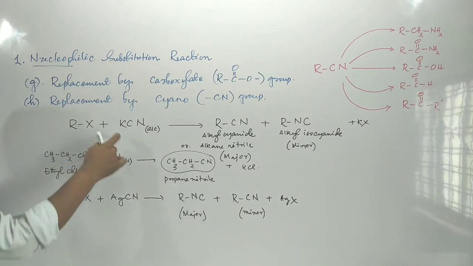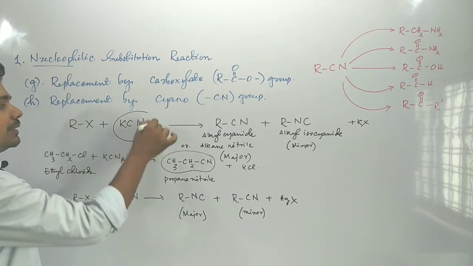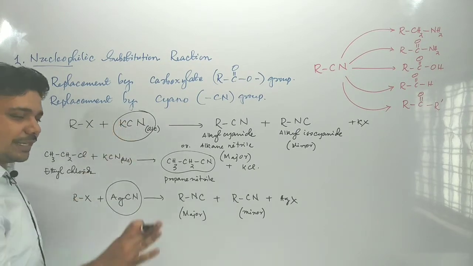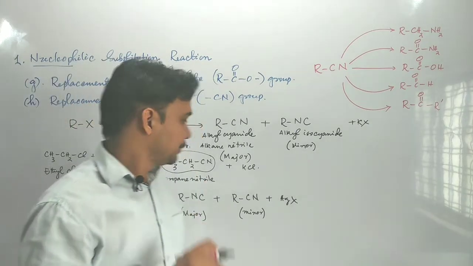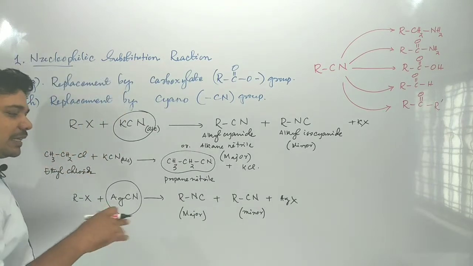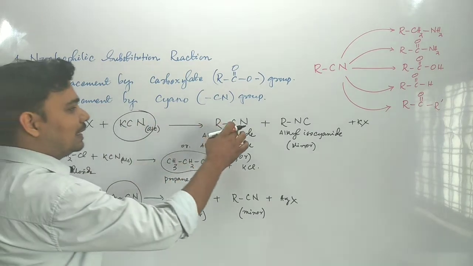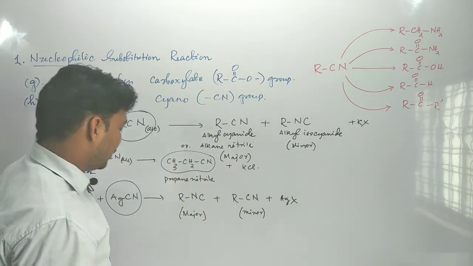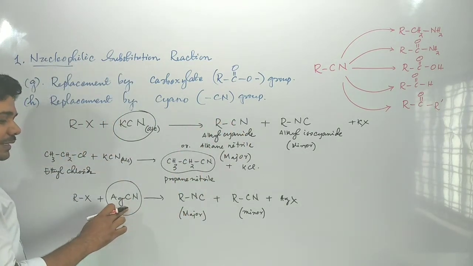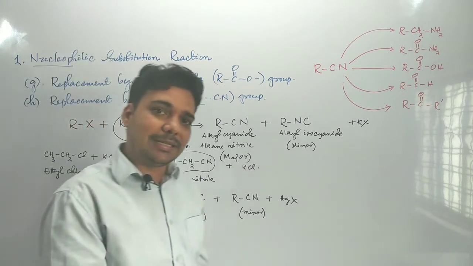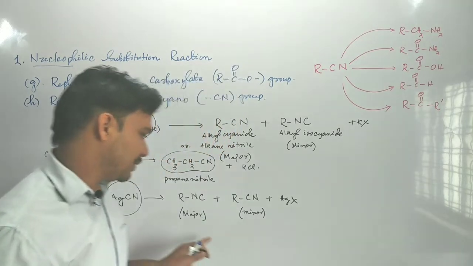These two reactions are quite opposite. There is only a difference in the use of reagent. Here the reagent is potassium cyanide or sodium cyanide, whereas here silver cyanide is the reagent. When potassium or sodium cyanide is used, we get alkyl cyanide as the major product. Whereas AgCN leads to the formation of alkyl isocyanide in prominent amount. That would be the major product.